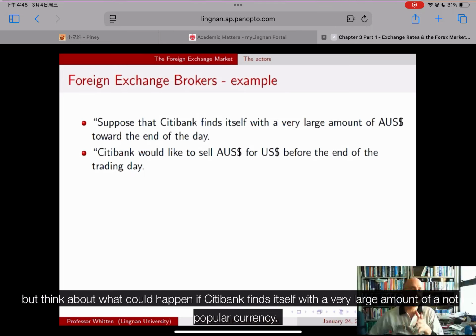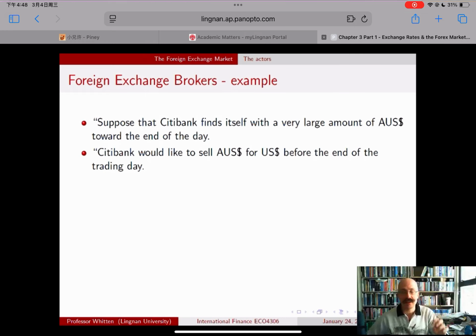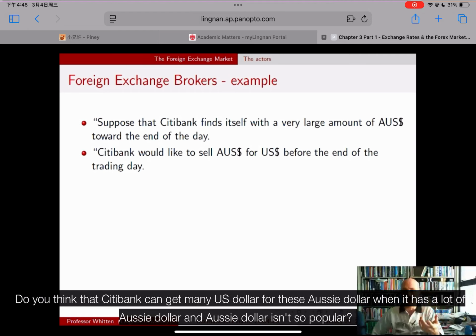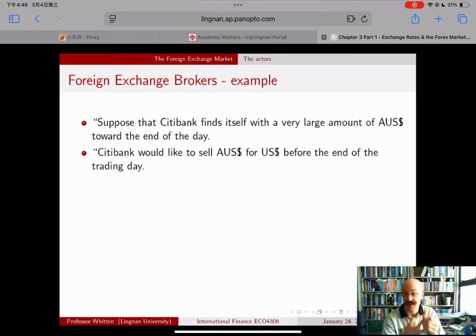But think about what could happen if Citibank finds itself with a very large amount of a not popular currency. Do you think that Citibank can get many US dollar for these Aussie dollar when it has a lot of Aussie dollar and Aussie dollar isn't so popular?